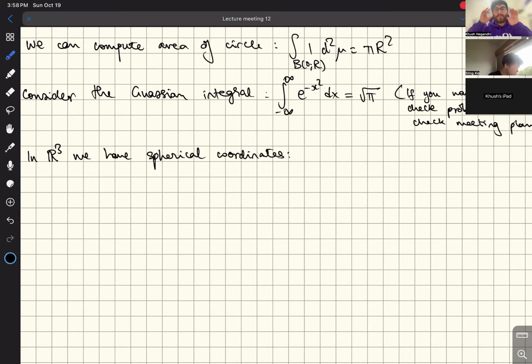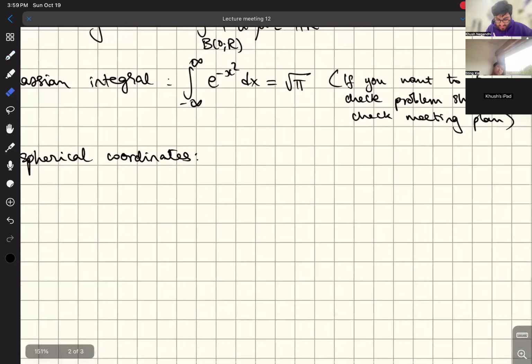One thing to keep in mind is that physicists and mathematicians use different conventions for spherical coordinates. The convention I use is the mathematician's convention. Physicists just have the theta angle and the phi angle swapped. It makes no difference on the evaluation of integrals whatsoever because they're just names of variables. But I just wanted to mention that.